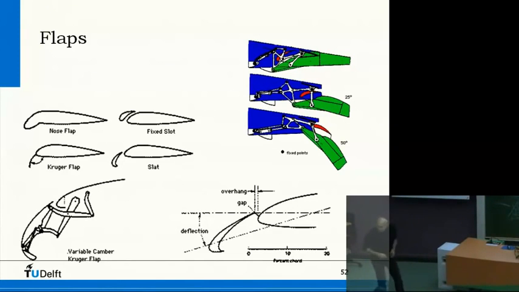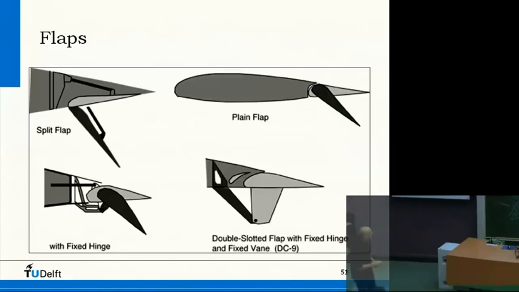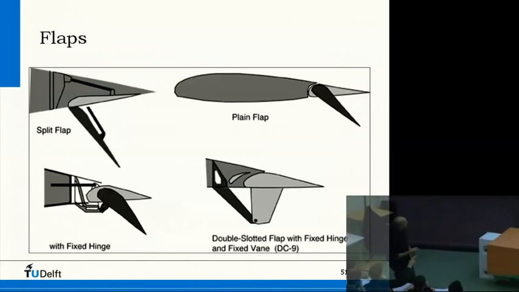In the previous slide, the plane flap. You will steer your plane downward, right? If you deflect it like this, this is the non-deflected situation, and this is the deflected situation. This is a positive flap deflection, right?